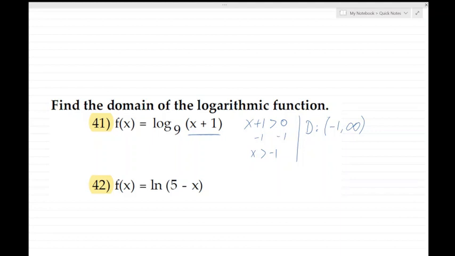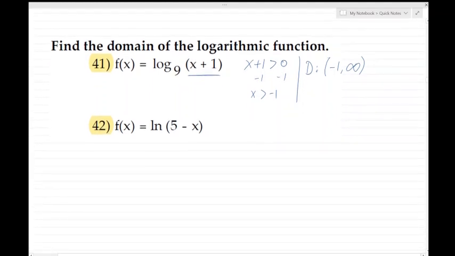Then, for the other one, it's a little bit trickier, but setting it greater than 0 helps this be visualized easier. So 5 is greater than x.